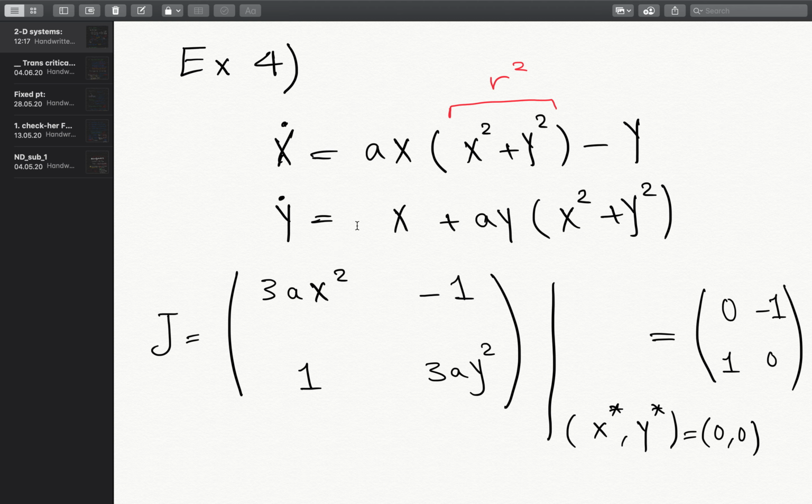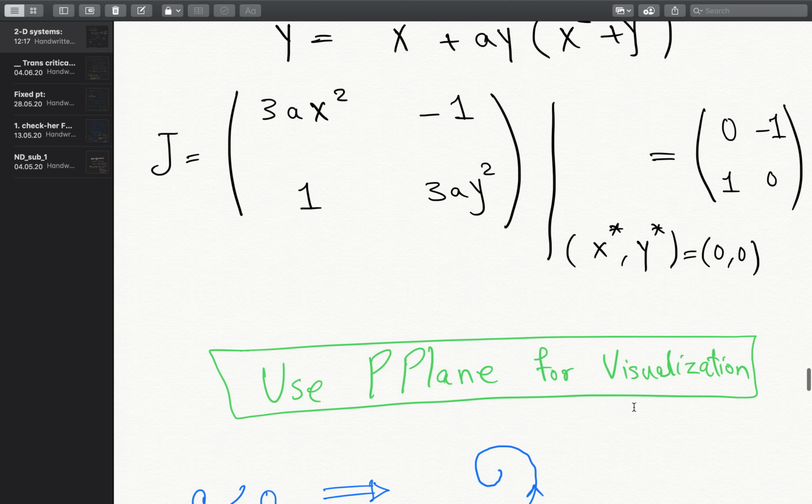Round g over round x, which is this. Is this 1. And as well as this one. And in these fixed points, you have x and y equal to 0. Therefore, you have 0, minus 1, 1, 0, and that's your Jacobian.